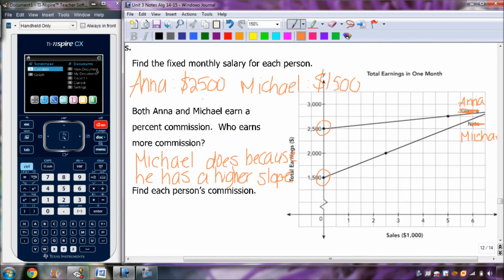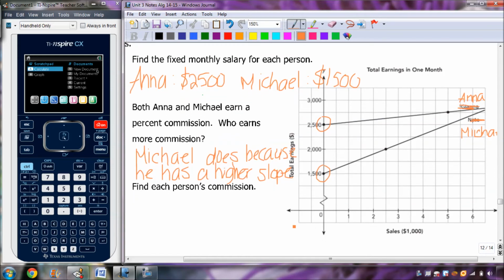So then the last question says find each person's commission. So now I have to figure out how much each person actually made. So the commission is the slope. It's the rise over the run. So Anna earned, here's my rise, here's the run. Okay, so the question is how much did she earn? How much did this go up by?